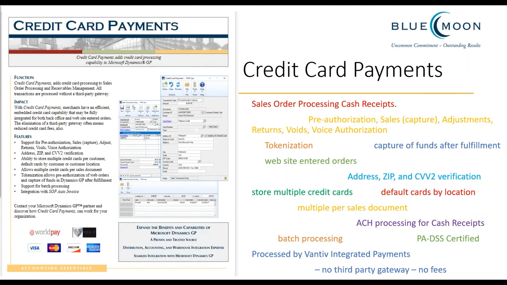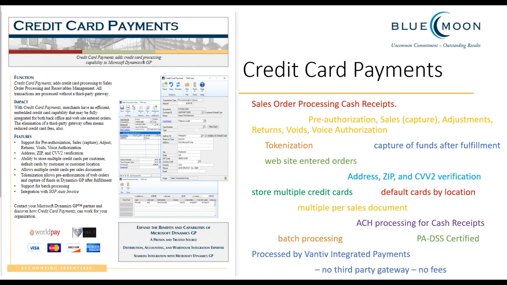It integrates with both back office and website entered orders. It has the ability to store credit cards per customer, default cards by customer, and also customer location. And not to mention, you also can have multiple credit cards per sales document. Payments by statement allows scheduled payments for on-account customers.